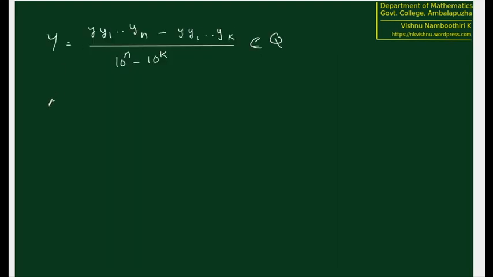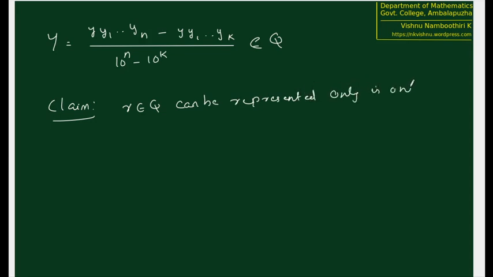So this is the claim: a rational number r belonging to Q can be represented only in one of the two forms given above.